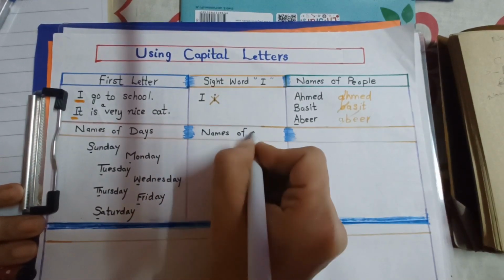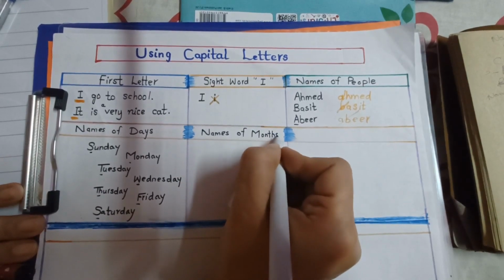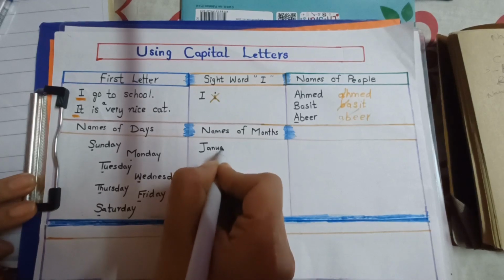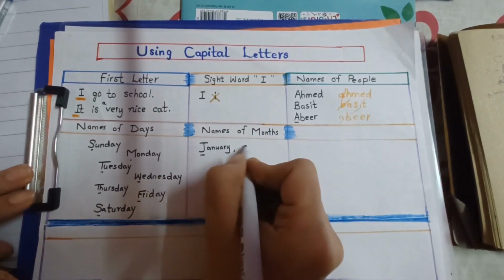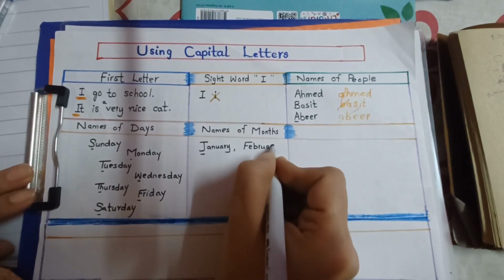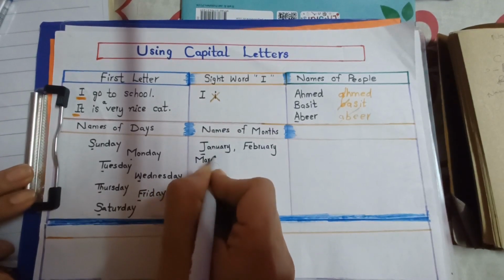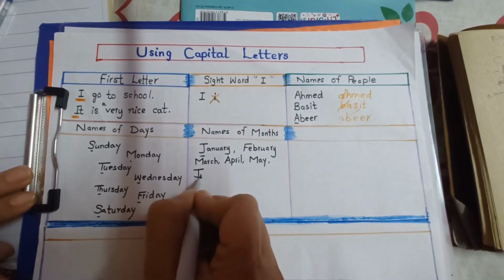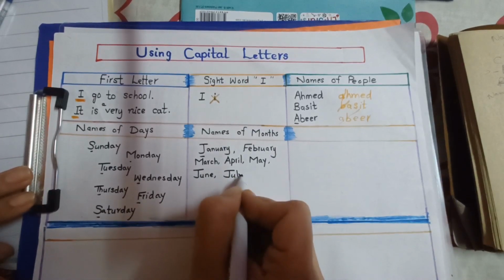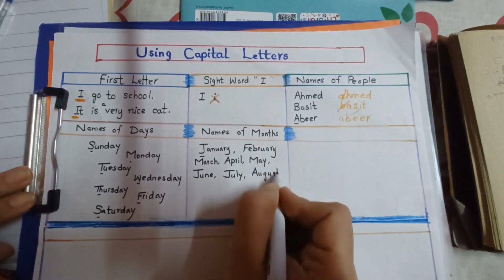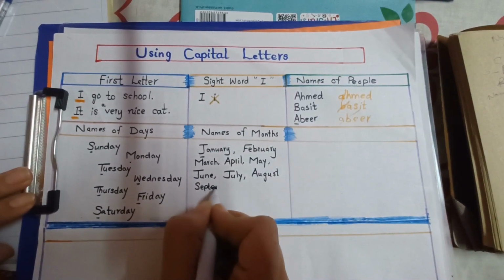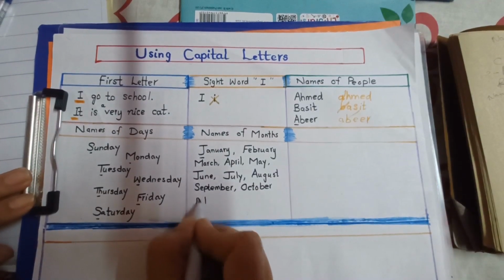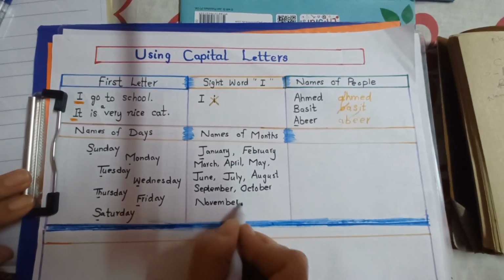The next rule is names of months. January should start with a capital. February, March, April, May, June, July, August, September, October, November, and December.